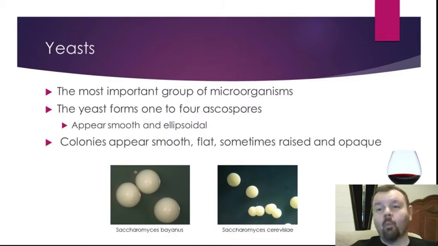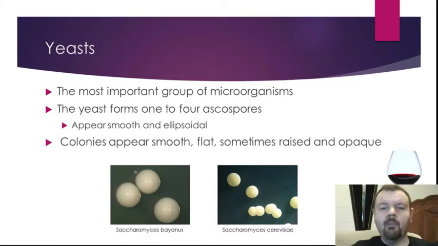Now let's talk about the rock star of the whole winemaking process, the yeast. Yeast is the most important microorganism to winemaking. Yeast actually reproduce through ascospores. They appear smooth and elliptical. When you place yeast on a media, what you end up with is colonies that appear smooth, flat, sometimes raised and oblique.